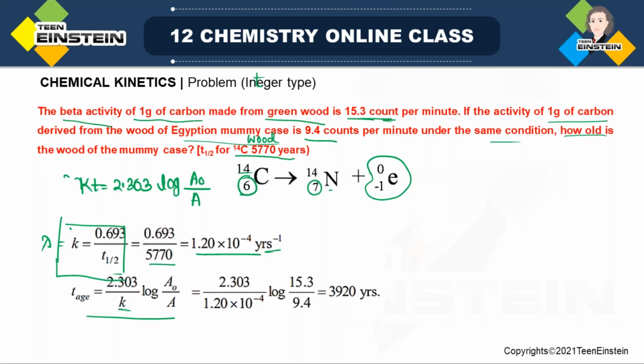Put the value of A here that we have calculated, and the initial amount you have to see. When it is a normal chemical reaction, we put concentration values, but this is not a chemical reaction, it is beta activity, a radioactive reaction.